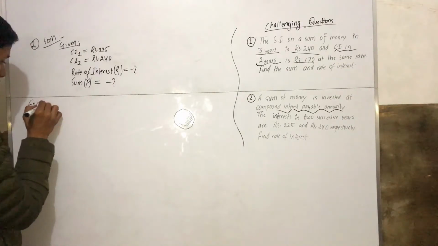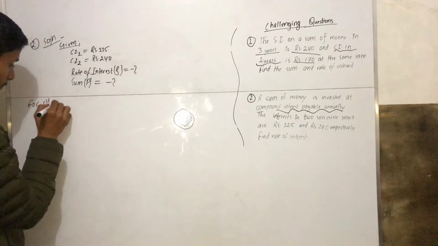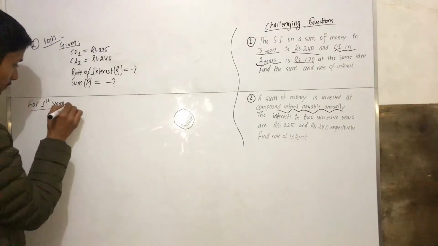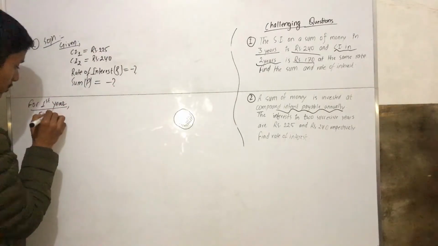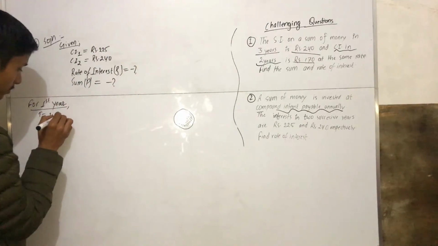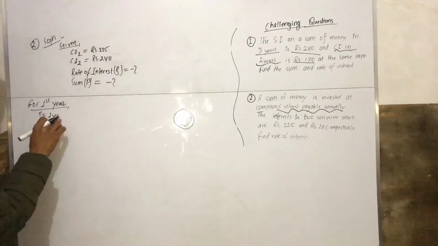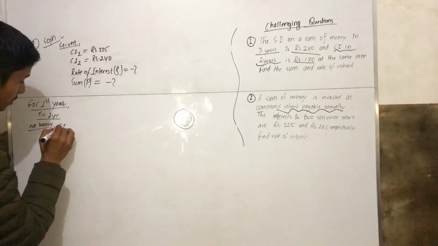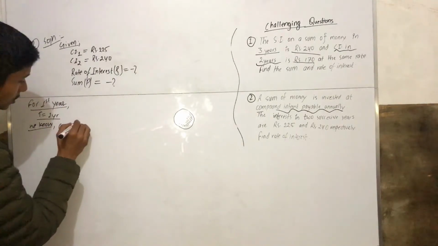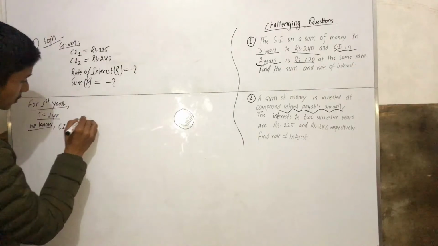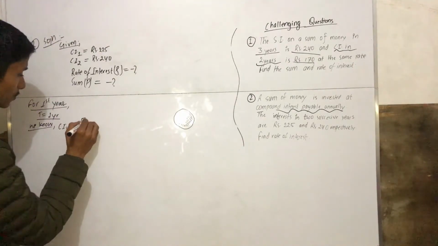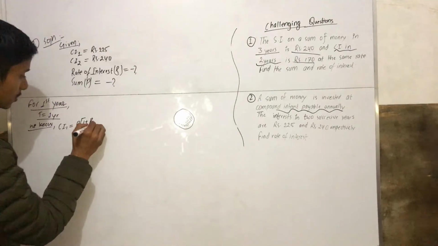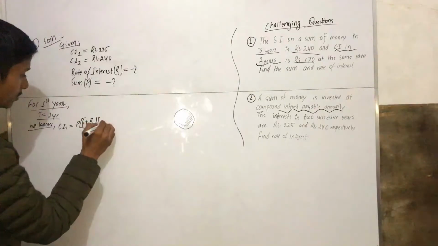For first year time is equal to 1 year. We know CI1 is equal to P times (1 plus R by 100) to the power t minus 1.